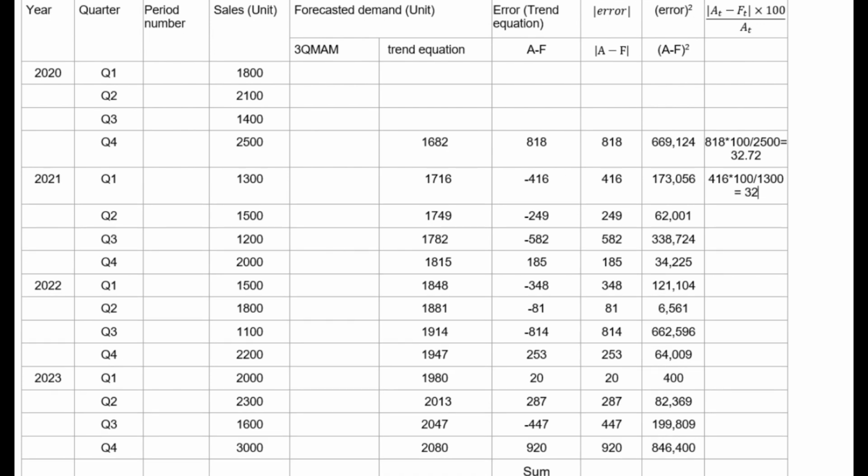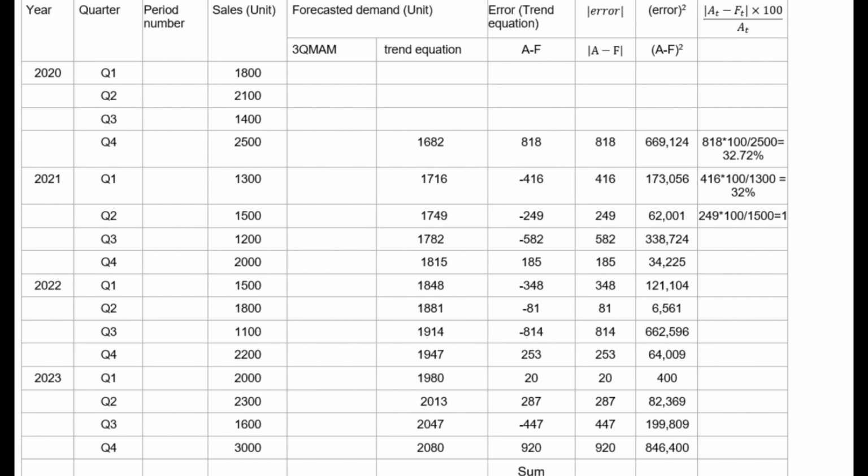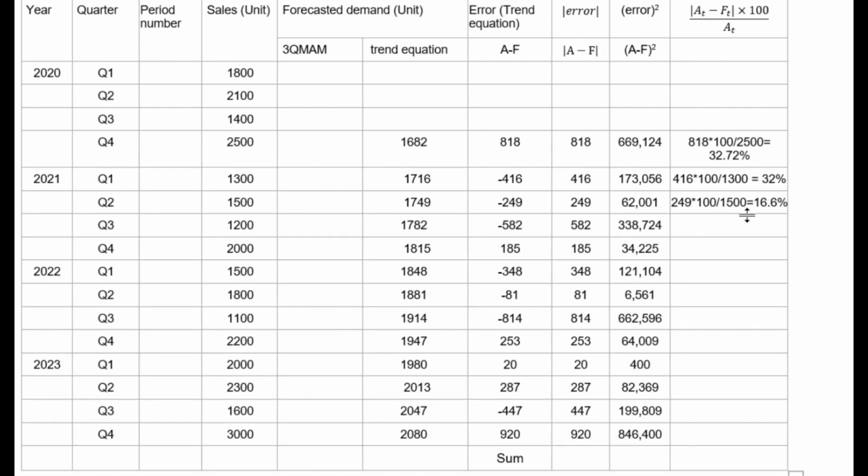This is equal 32%. Next period, 249 multiplied by 100 divided by 1500. This is equal 16.6%. Next period, 582 multiplied by 100 divided by 1200. This is equal 48.5%. Continue till the end.